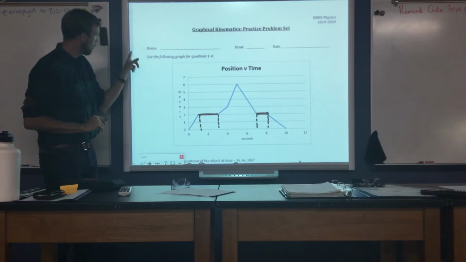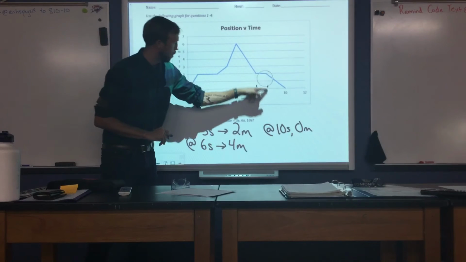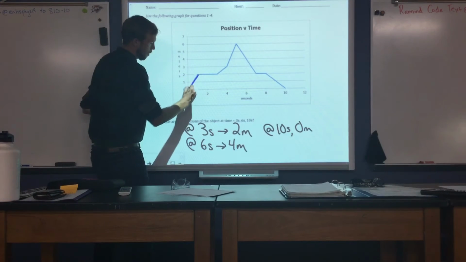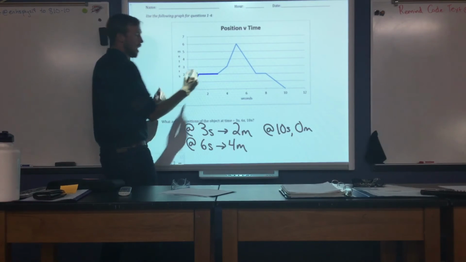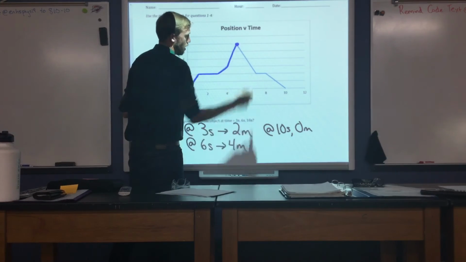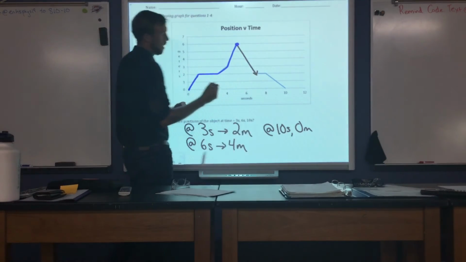So I'll come back here, I'll look at my graph. Well, this first region here, erase this part. This first region here, I have a positive slope. I'm increasing. No slope, so positive to 0. That doesn't mean a change of sign. Positive slope, positive slope. But right here, at a time of 5 seconds, now my slope becomes negative.